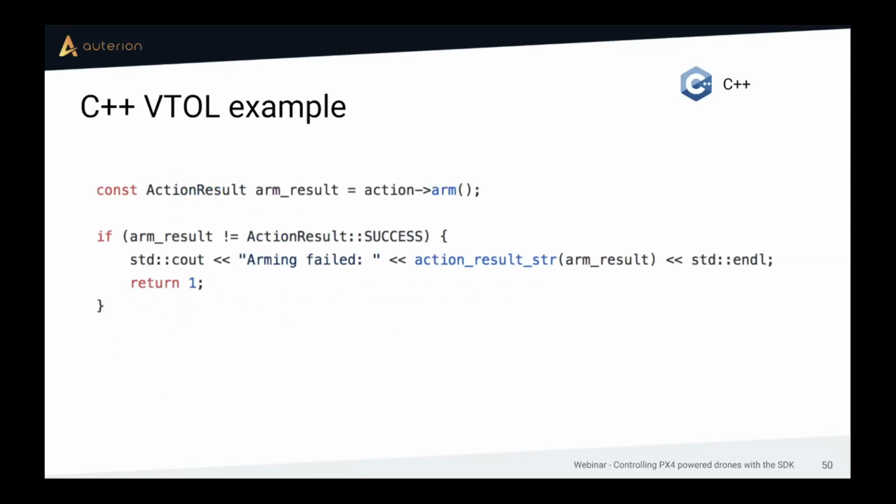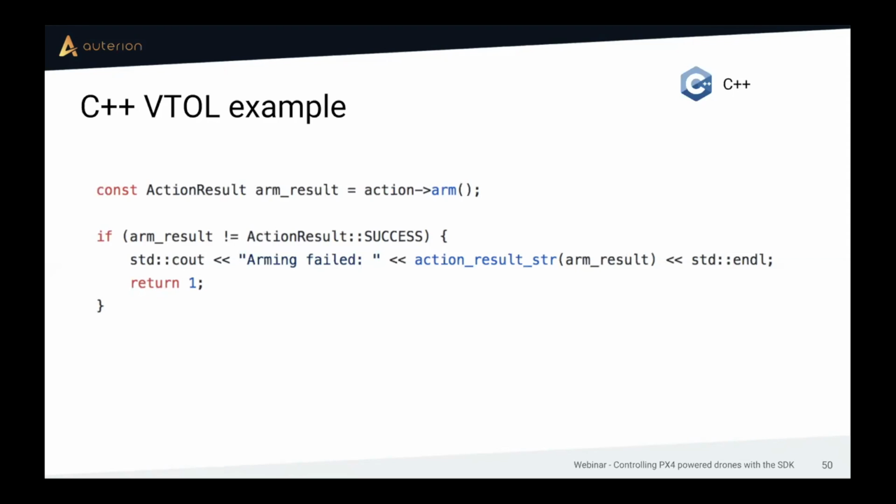So you've probably seen that I omitted all of the return results of the function calls. So this is what it actually would look like. In this case, we arm and we get an arm result, and we are then better off if we actually check the arm result. And if it's successful, we're good.